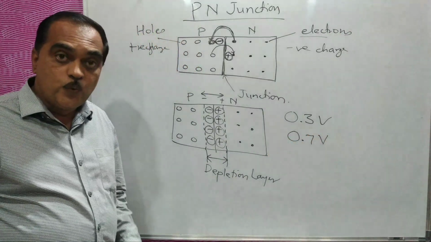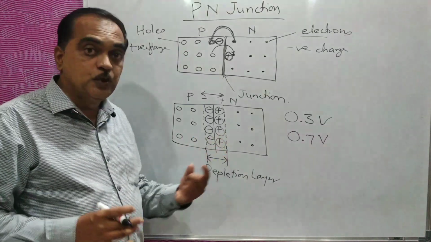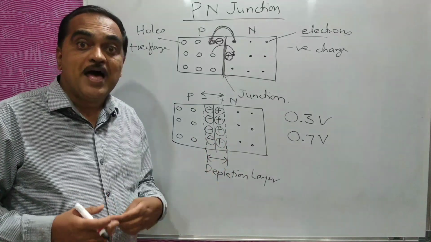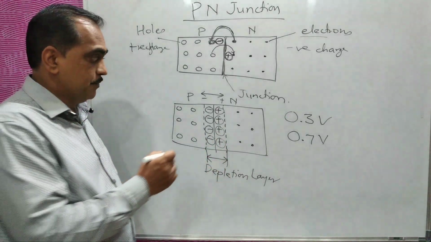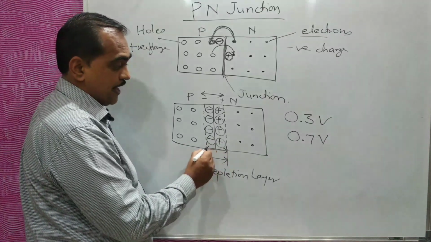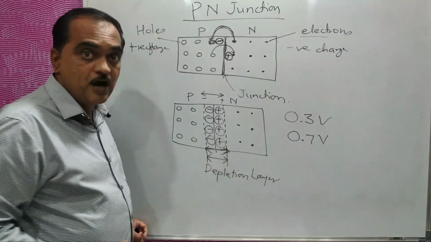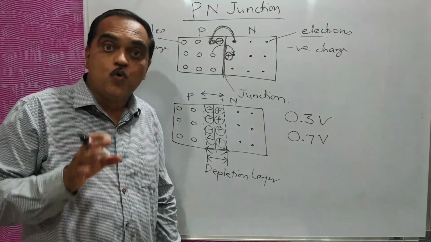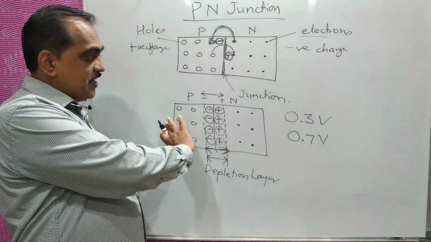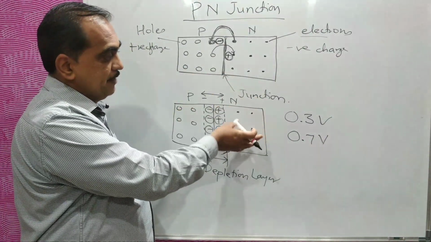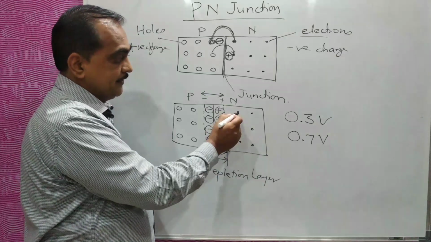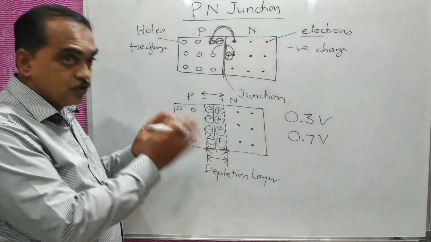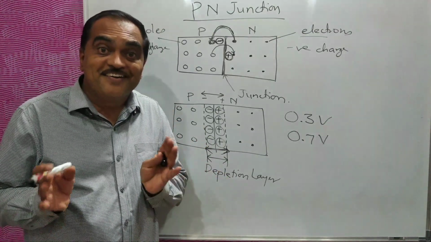Whenever you want this combination to conduct and have a flow of current, the barrier potential in the depletion region has to be overcome. Once you overcome that, the majority charge carriers from P-type can go to N-type, and the majority charge carriers of N-type can go to P-type. That means crossover can take place.